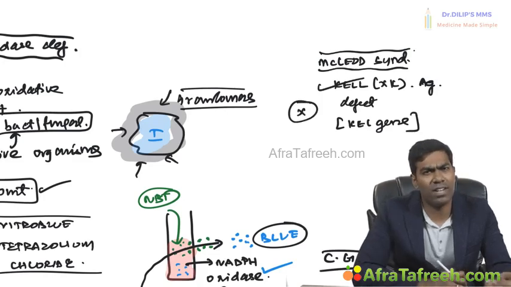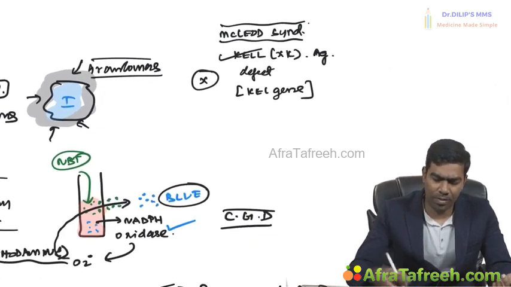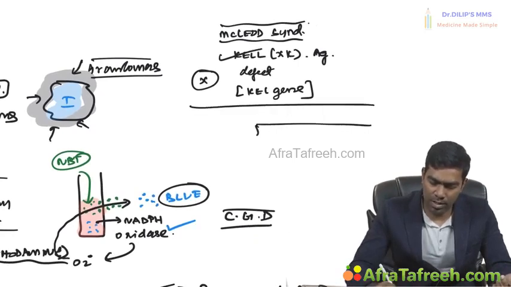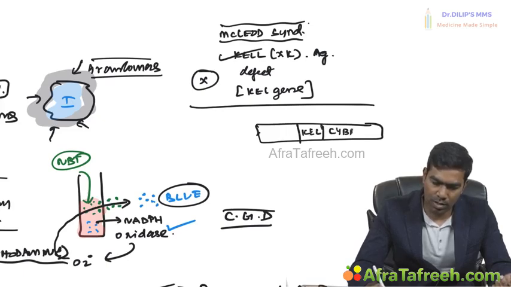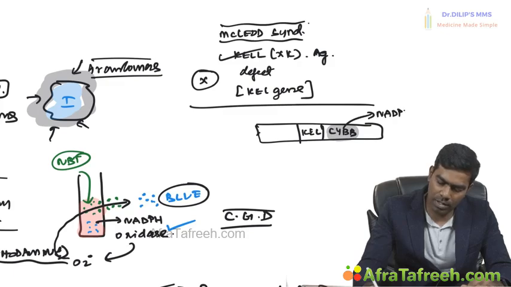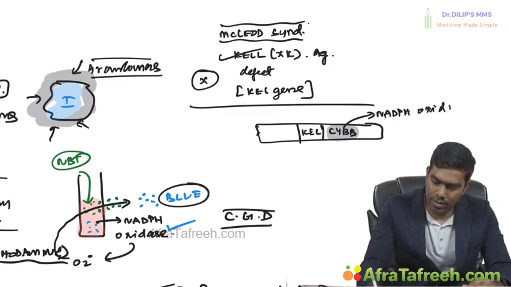But in what way is it related to the neutrophils? Very simple. Remember, this KEL gene is in very close proximity to the CYBB gene. We know that the CYBB gene is the one that gives rise to NADPH oxidase.